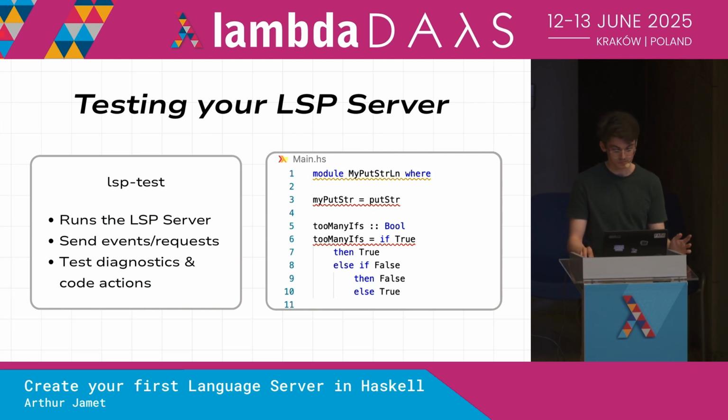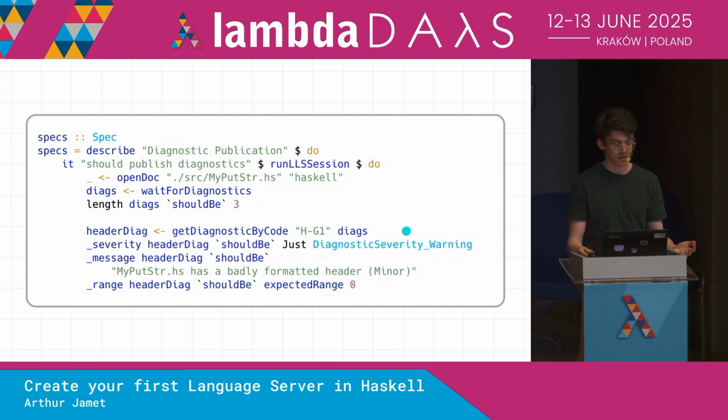We would have 2 major coding style issues, which are the red ones, and a warning, which is the yellow one. So using the HSpec library, we can set up an LSP session and send an event to the LSP server saying that, hey, I opened that file, the one that we saw earlier. And then we wait for the diagnostics to be published by the server, using the wait for diagnostics function, which is very handy.